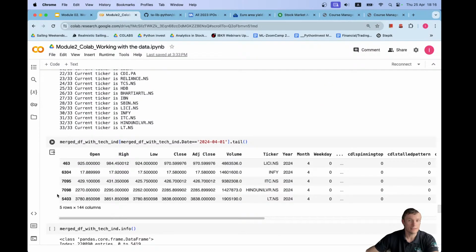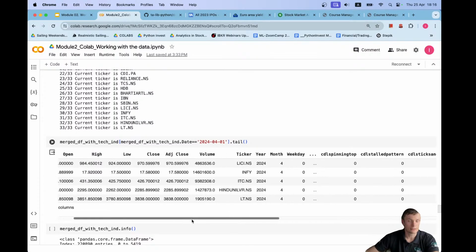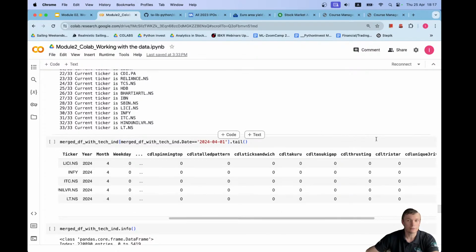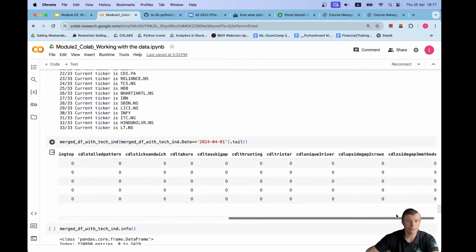So what we see here, for example, for one day, this number of records, different tickers, different fields that we had originally, and here you can see a lot of additional columns generated.